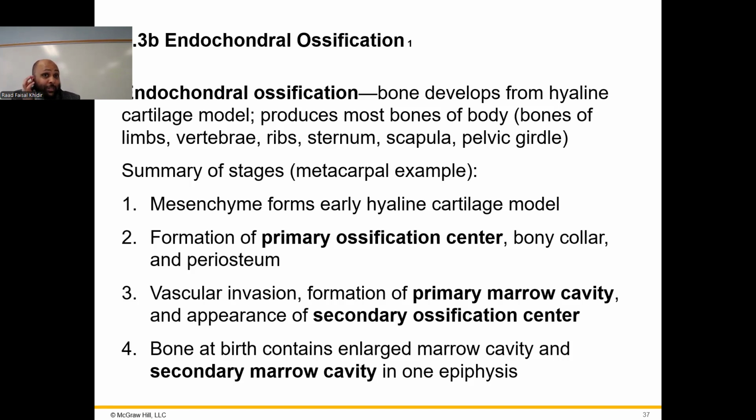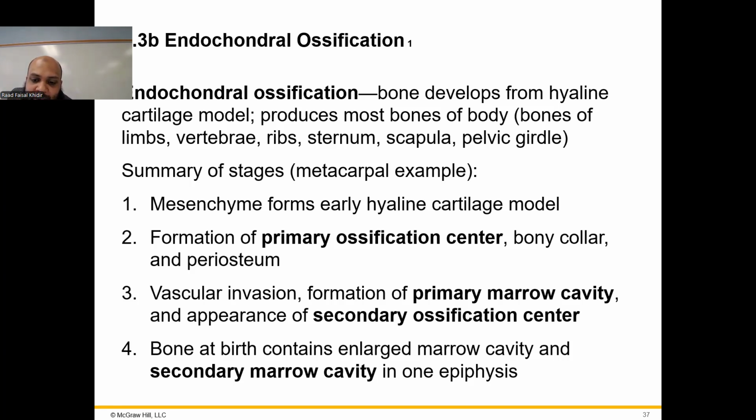Knowing the difference between osteogenesis of the intramembranous ossification and endochondral ossification. Intramembranous ossification is from the mesenchyme. That's why the M goes with the M. Intramembranous ossification, mesenchyme. While the other one, endochondral, there's an H in there, meaning hyaline cartilage.